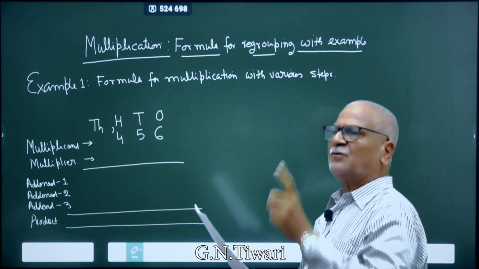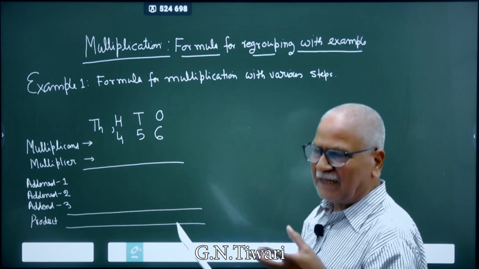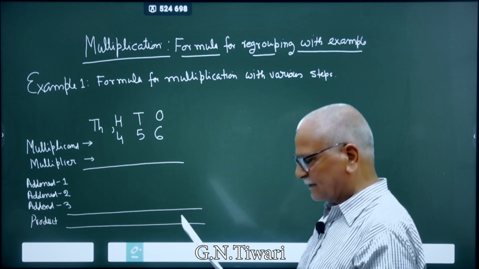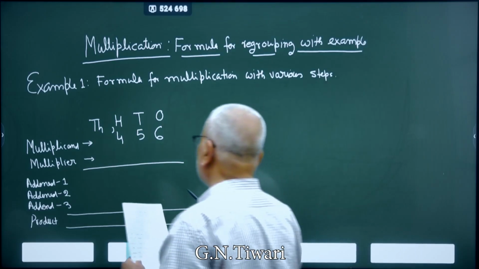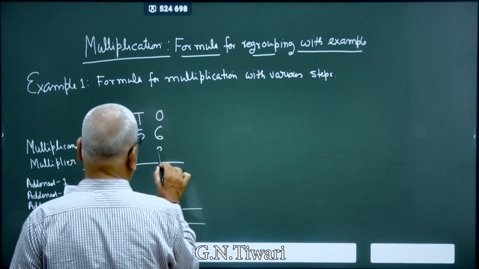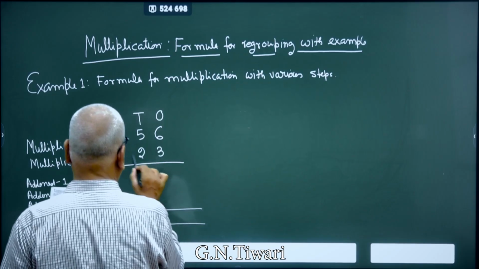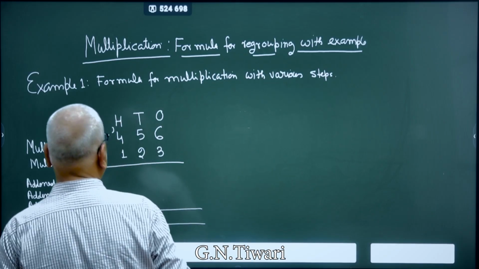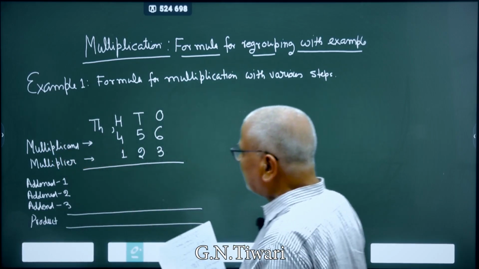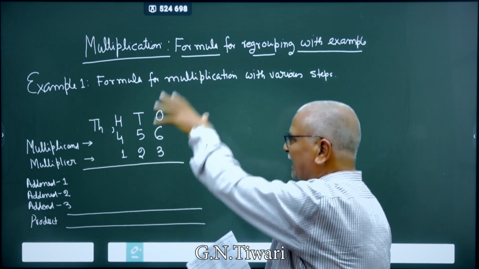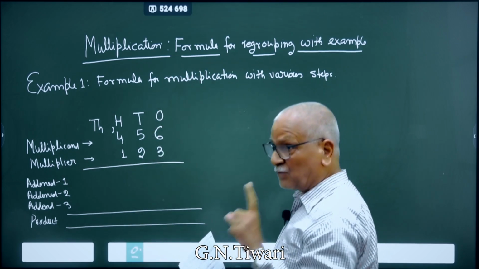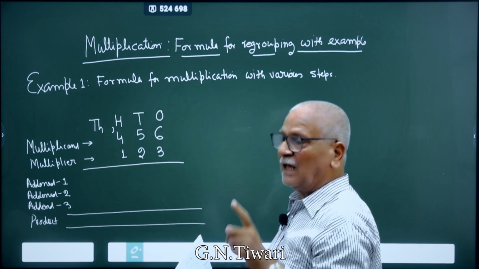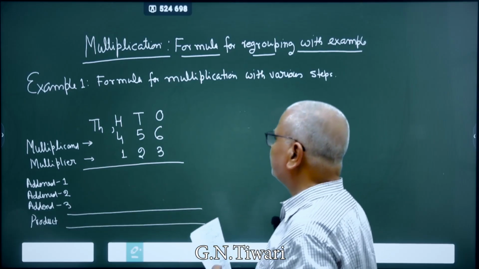It can be applicable for a 1-digit multiplier, 2-digit multiplier, and so on. So I am just going to multiply by 3, 2, and 1. Ask the students to write in a similar way. It is a generalized formula, and I will say what the steps are.